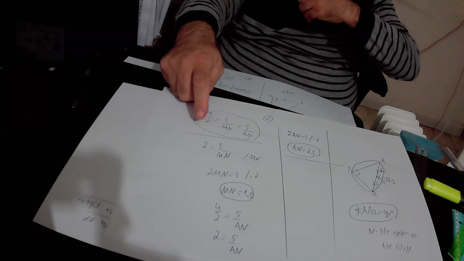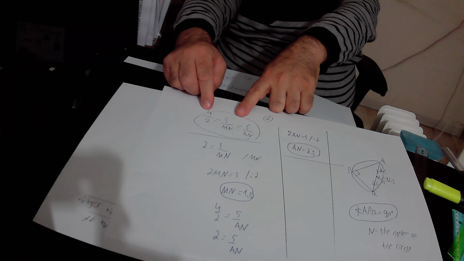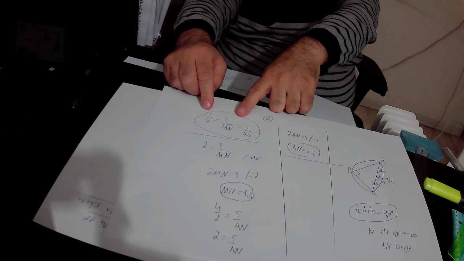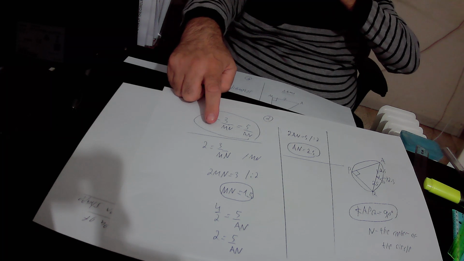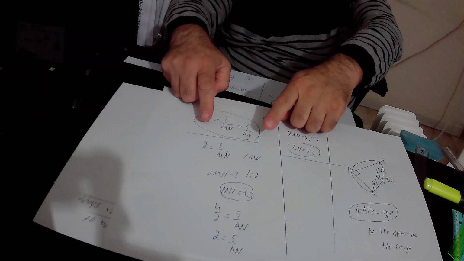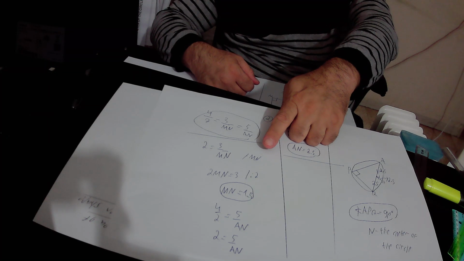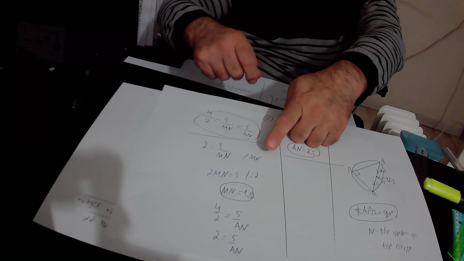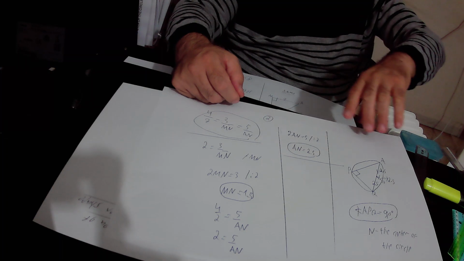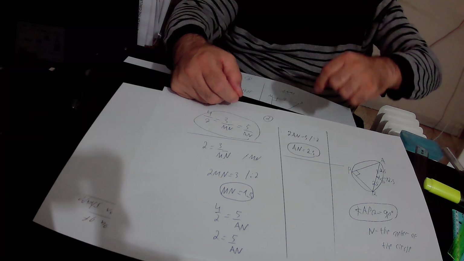4 over 2 is 2, so 2 equals 3 over MN. We multiplied this equation by MN and found that 2 times MN equals 3. Then we divided this equation by 2 and found that MN equals 3 over 2, that is 1.5.